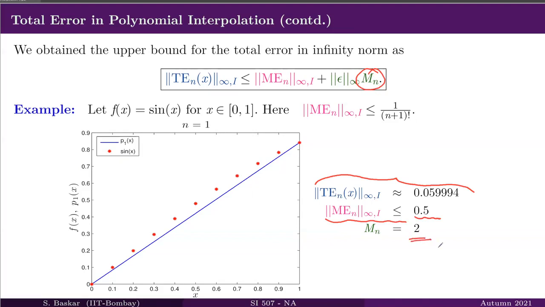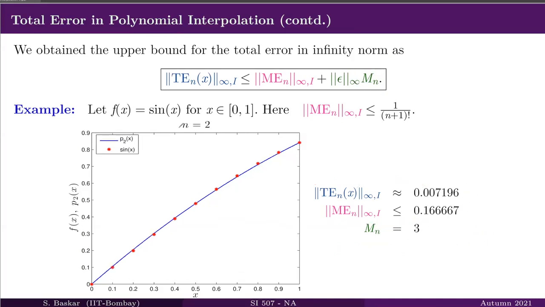Let us now keep on increasing n and see how the graph of the polynomial looks like to get an idea of how well it approximates the sine function in the interval [0, 1]. And we will also have an observation on these parameters to see how these errors are increasing.